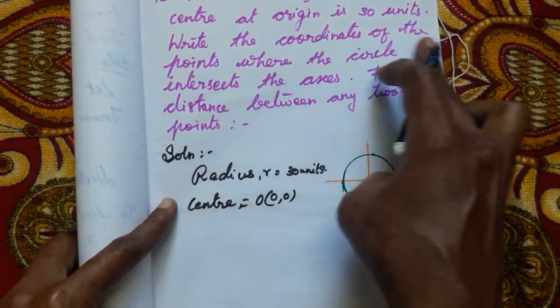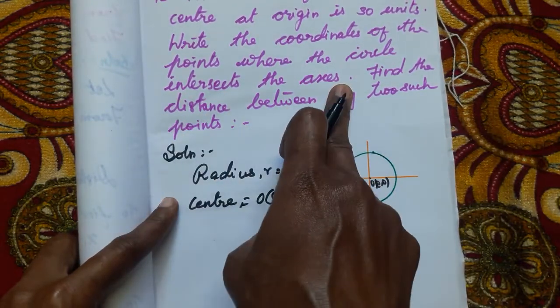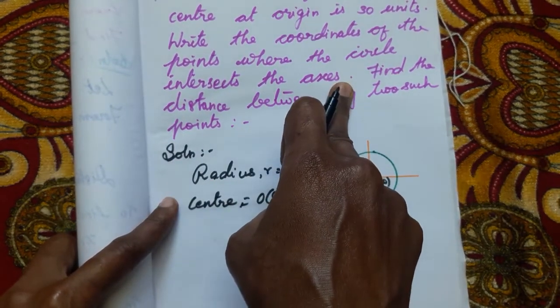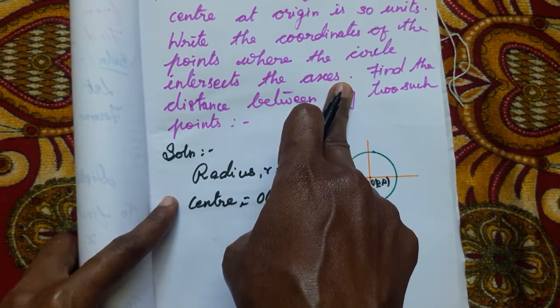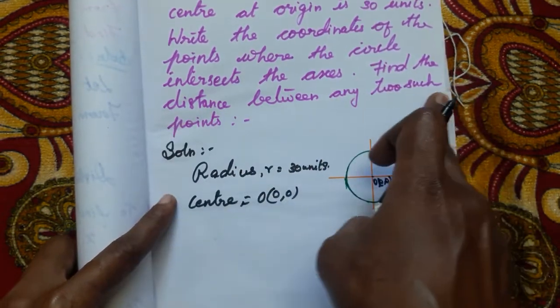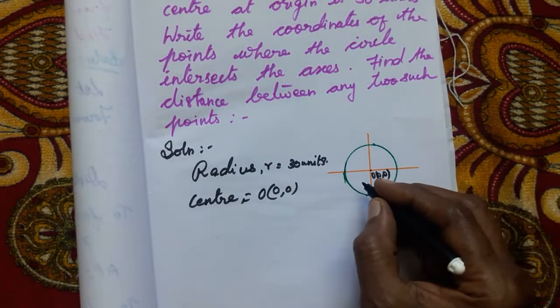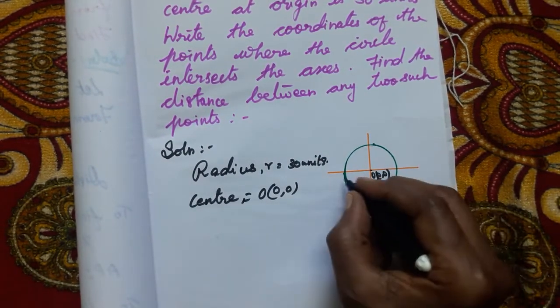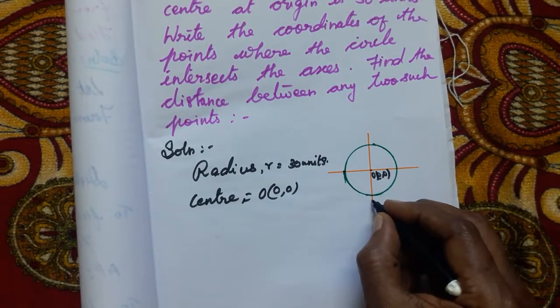Next, write the coordinates of the points where the circle intersects the axis. We want to find out the coordinates of the points where the circle intersects the axis. Find the distance between any two such points. This point here, here, here.